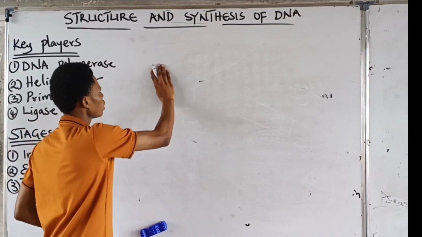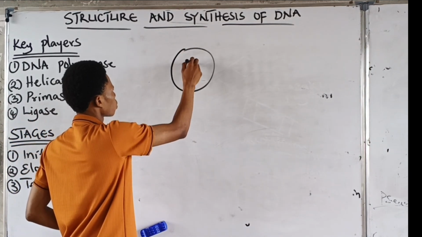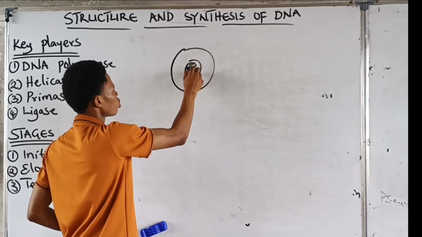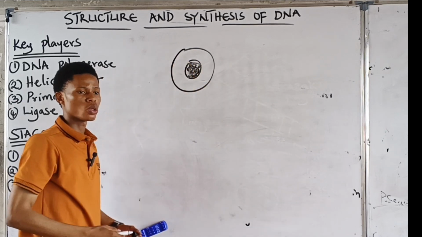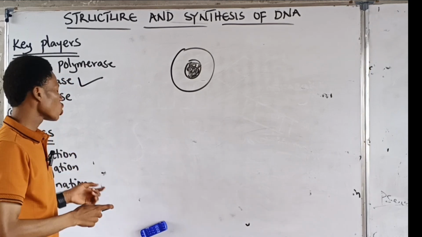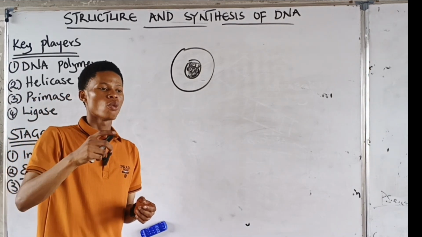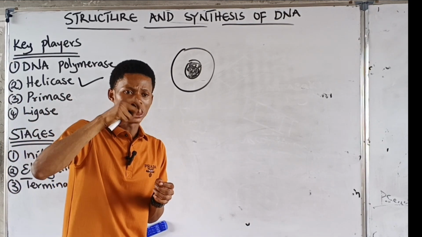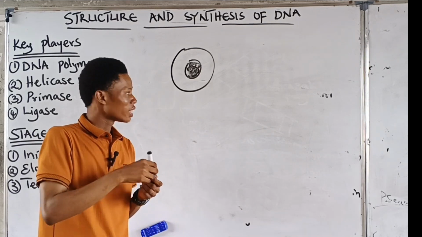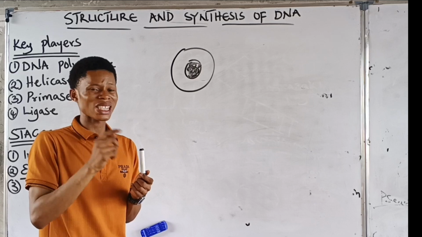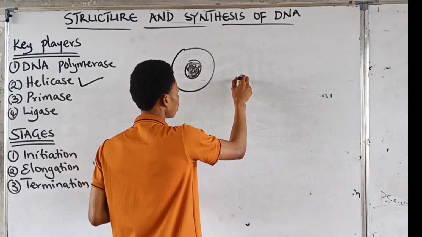Now, the initiation stage. This is our nucleus, and we have chromosomes in the nucleus, and DNA is found on the chromosome. Now, the initiation phase is when one portion of the DNA starts to unwind. And I've said before that the particular region where replication starts on the DNA is called what?